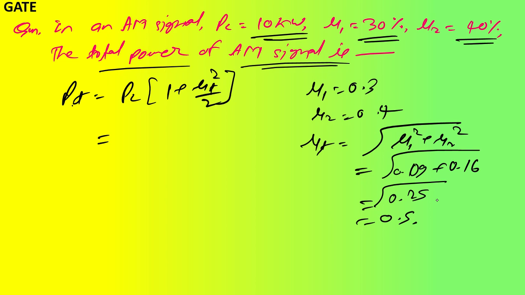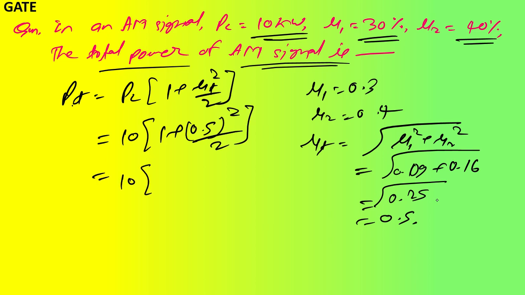By putting these values, we have PC is 10 kilowatt into 1 plus 0.5 square by 2. So that is going to come up as 10 multiplied by 1 plus 0.25 by 2, that is 0.125.